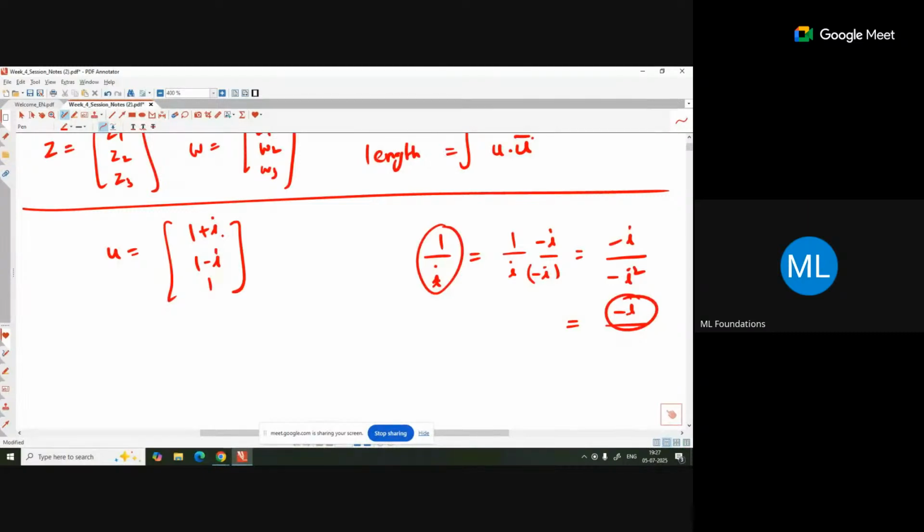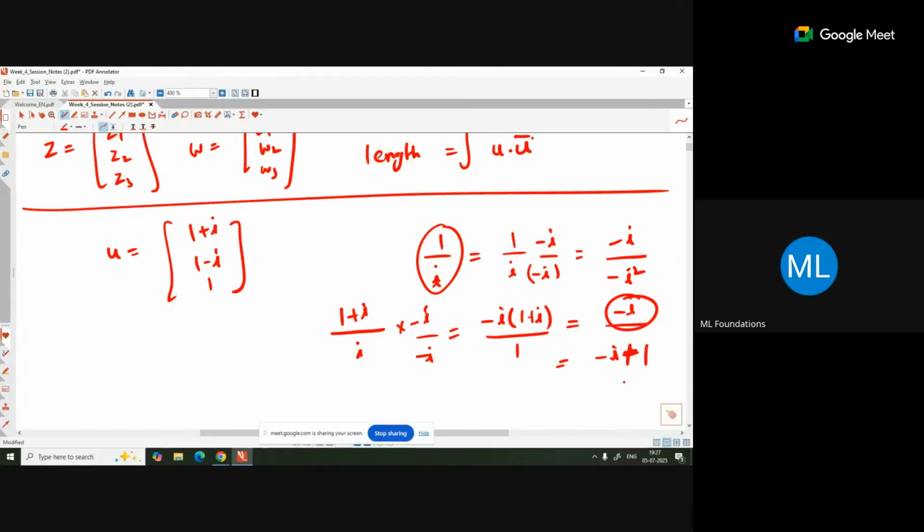Rationalization is done only when you have a complex number in the denominator. Let us say you already have this number. Then you multiply above and below by minus I, and this becomes minus I times 1 plus I above, and 1 below, and minus I minus I squared, which is plus 1.